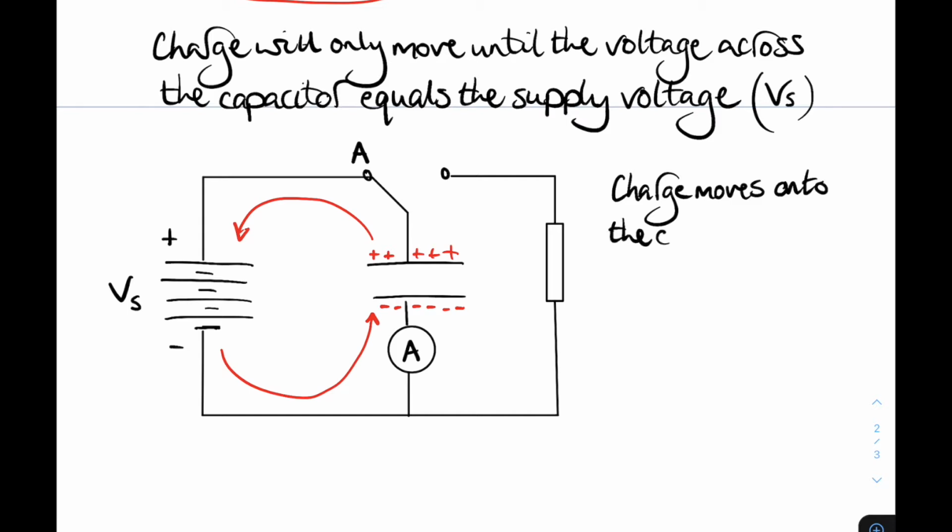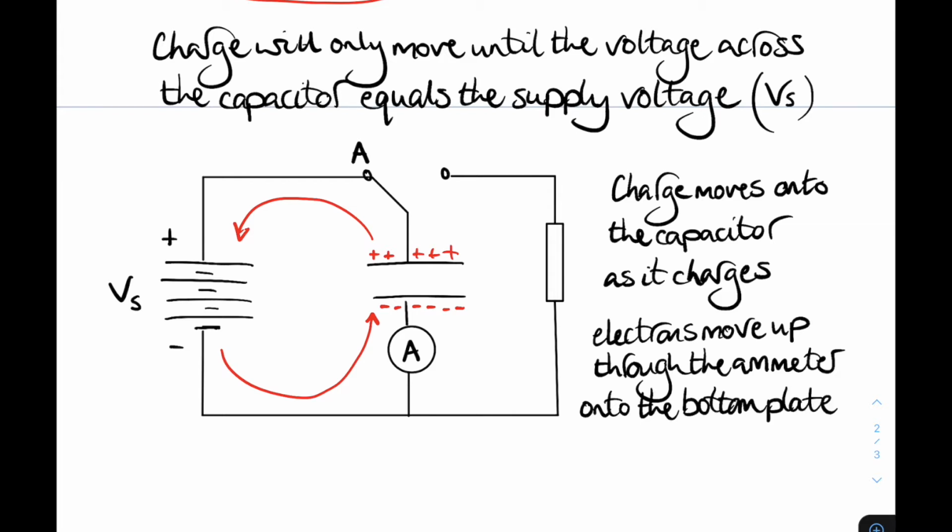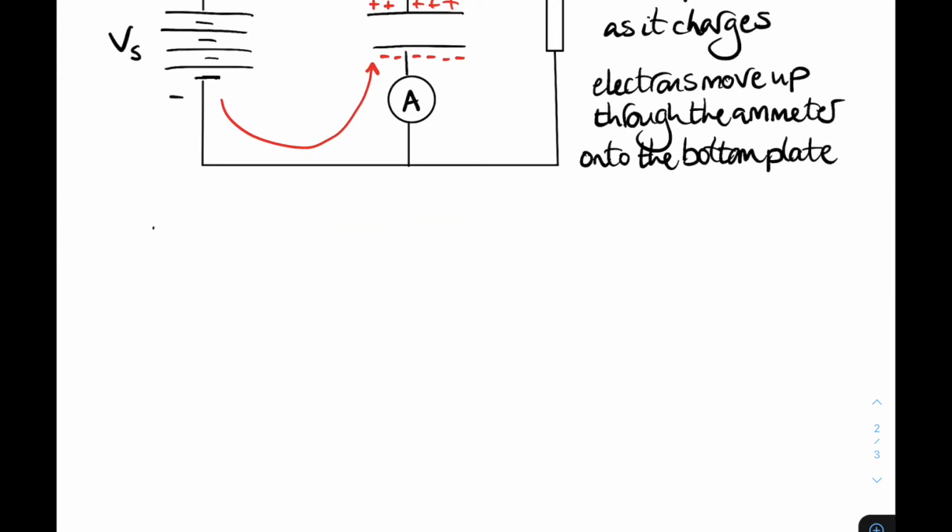So charge moves onto the capacitor as it charges, and electrons will move up through the ammeter onto the bottom plate, and electrons are pulled off the top plate towards the positive terminal.